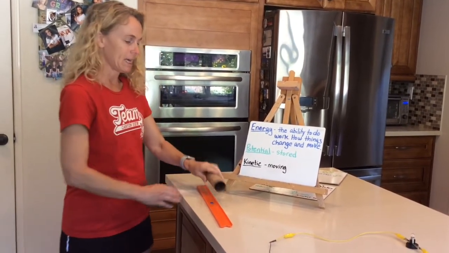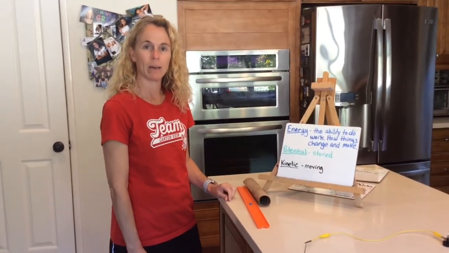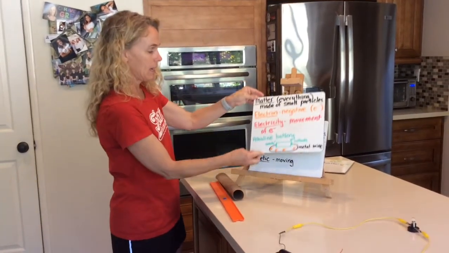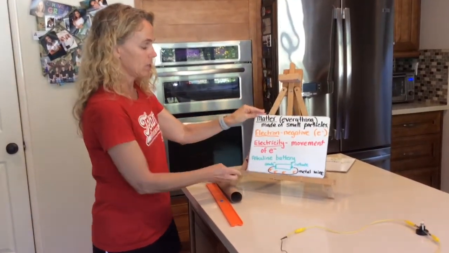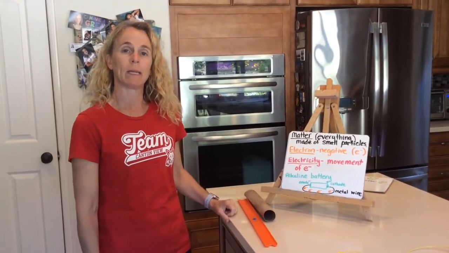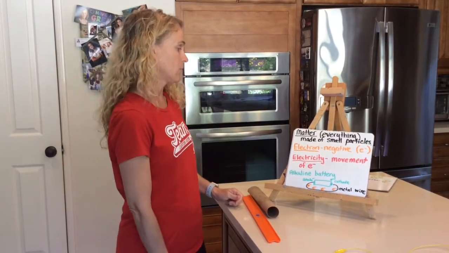All right, so today we are going to talk about electricity. Let's go over what kind of energy electricity is. The first example I'm going to give is current electricity, which is moving electricity.